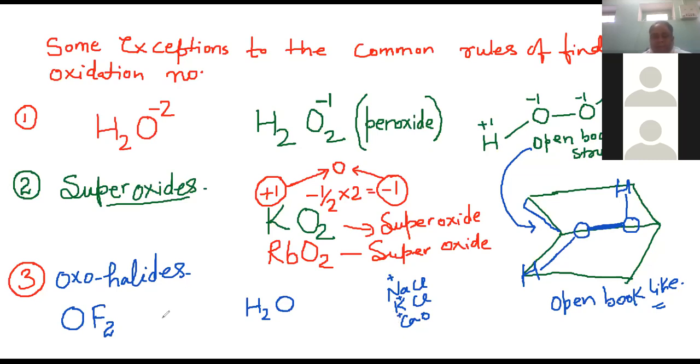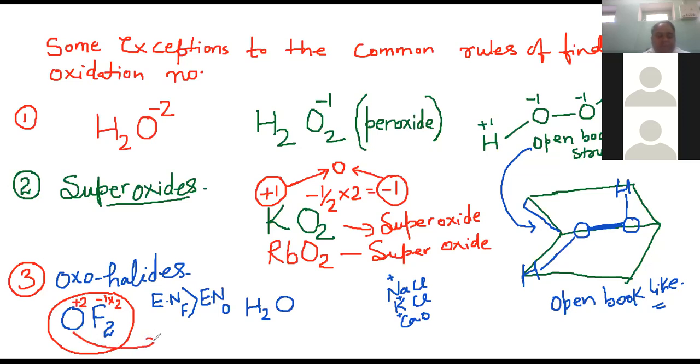So if you compare the electronegativity, fluorine's is more than oxygen's. So in case of oxygen difluoride, oxygen with fluorine has -1 into 2, -2, and hence it has got +2 oxidation state.